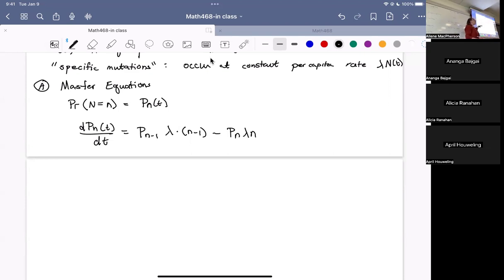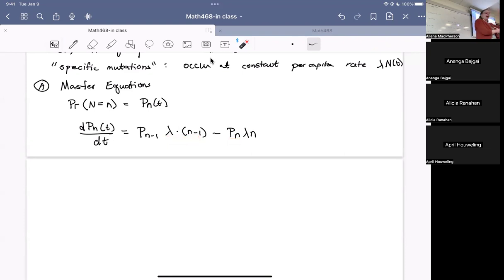Remember, the general way of thinking about this is that you have your transition rate matrix and you just sum up the elements in that row of that transition rate matrix. So it's the Q_ni terms. So that is these things times the probability of being in. Okay.